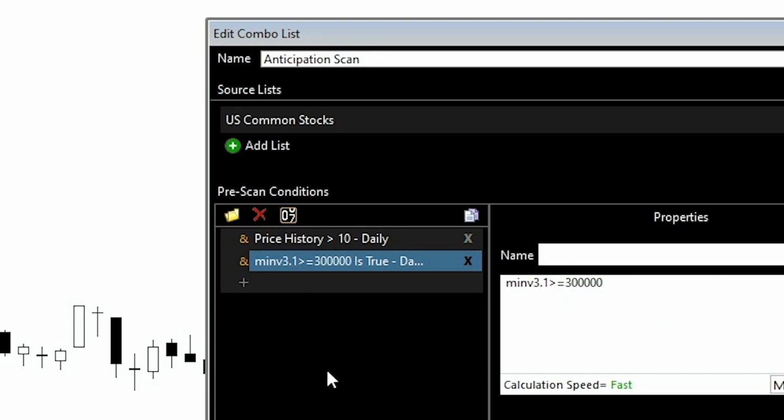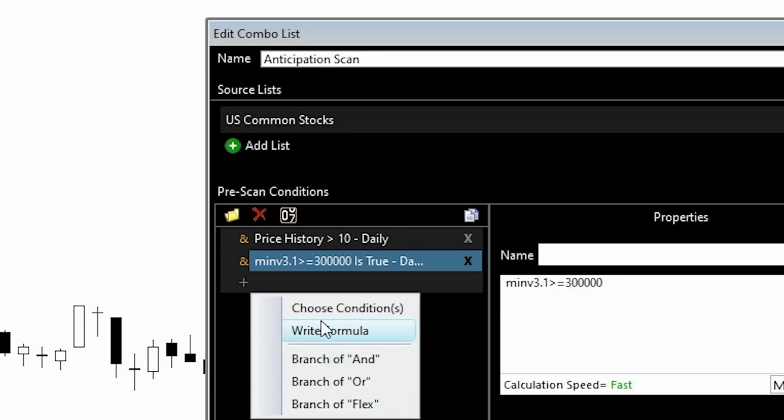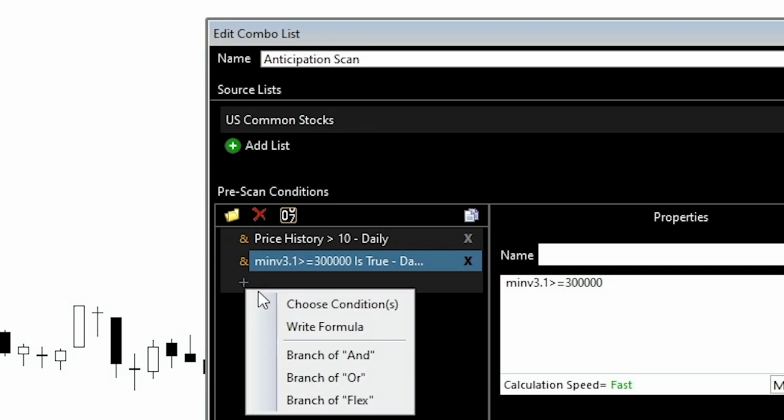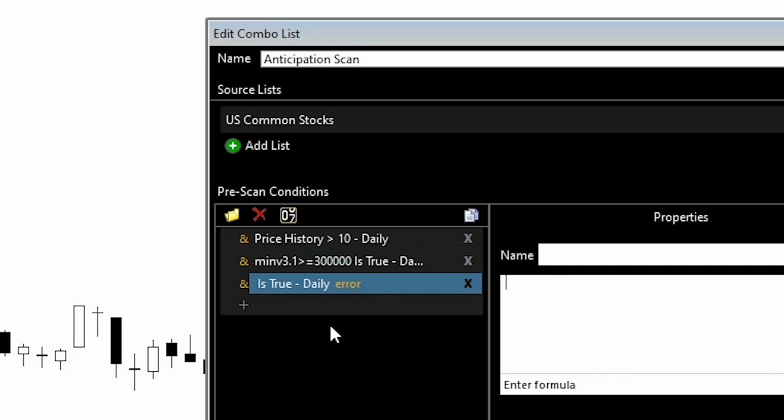Once you have this condition, I'm going to add another condition, and this is the important condition: you want to look at a stock which has an established momentum. Whenever we are looking at a stock for anticipation, we want to find a stock which has positive momentum and then is having a pullback. So I'm going to write a momentum condition of 3 months momentum.